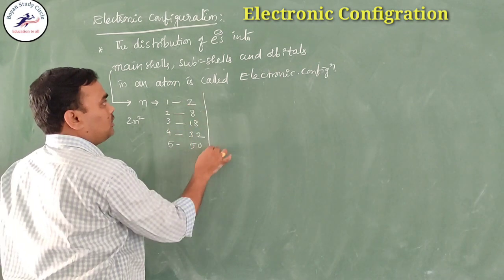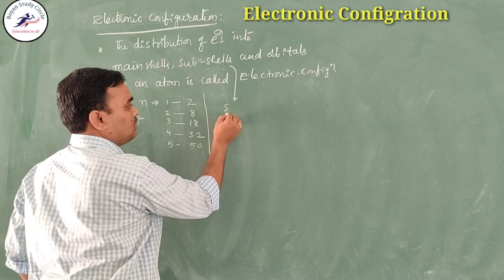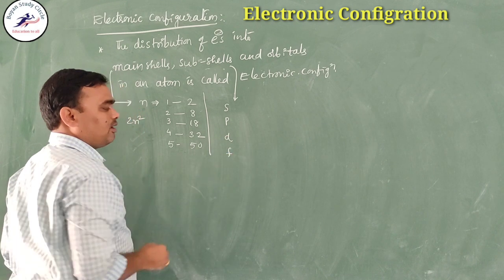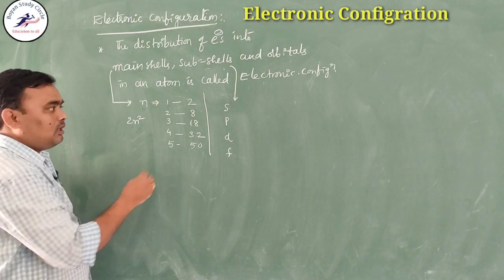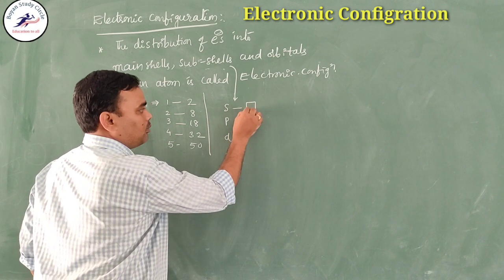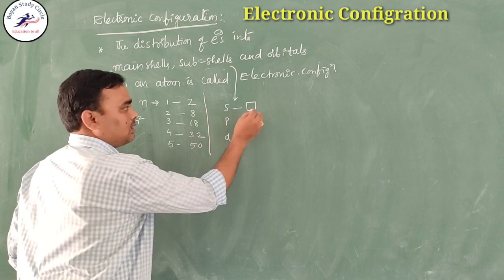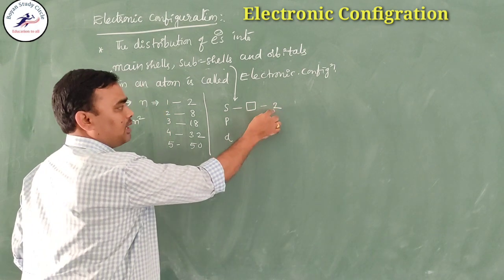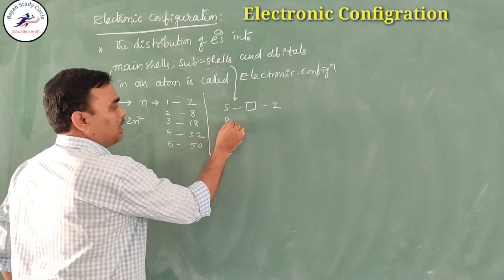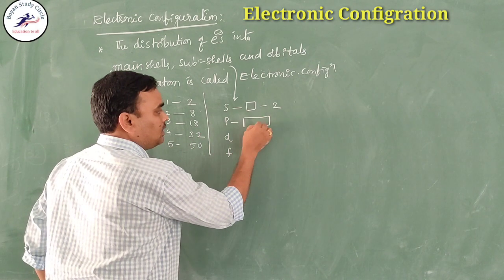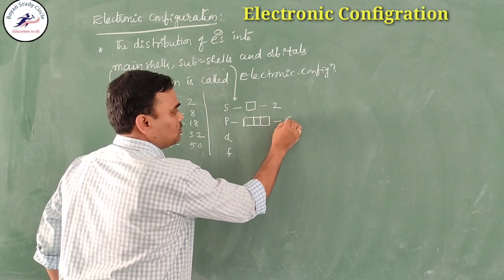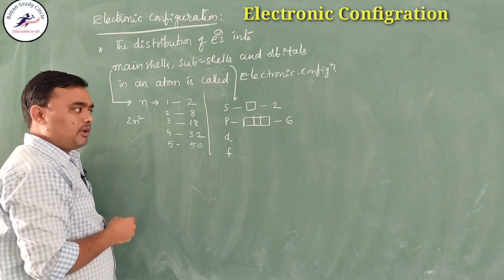Then you know the subshells: S subshell, P subshell, D subshell and F subshell. In the S subshell there is only one orbital, so the maximum number of electrons that can be accommodated is 2. In the P subshell there are 3 orbitals, Px, Py, Pz, so 3 into 2, 6 electrons can be maximum accommodated.